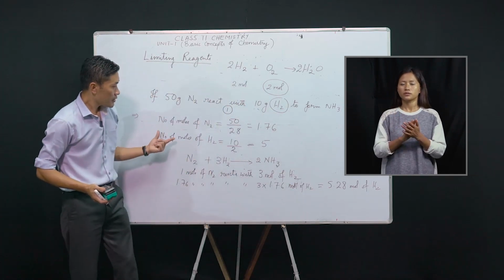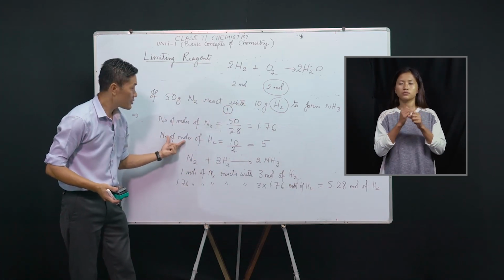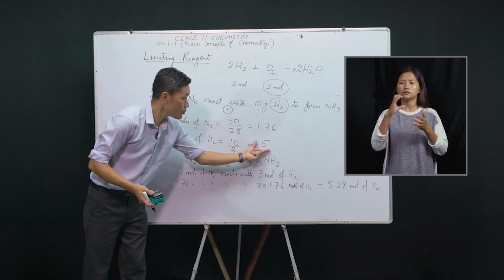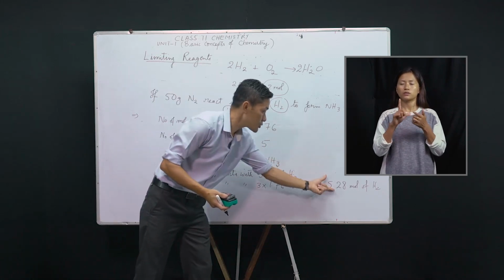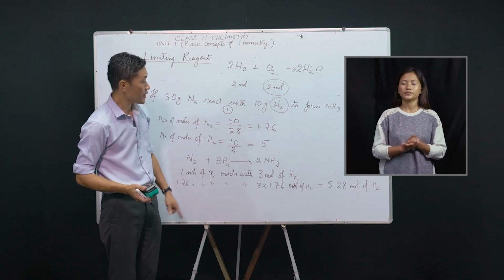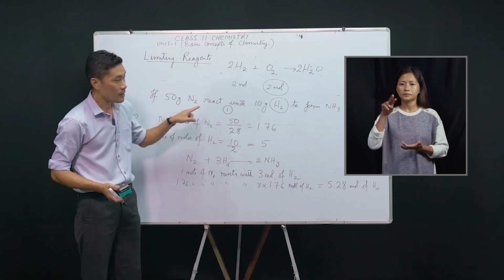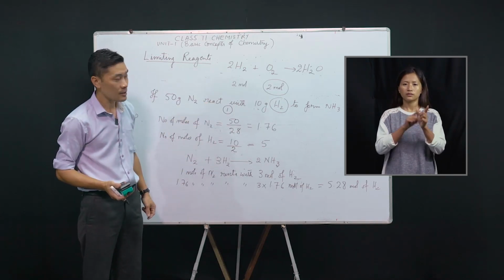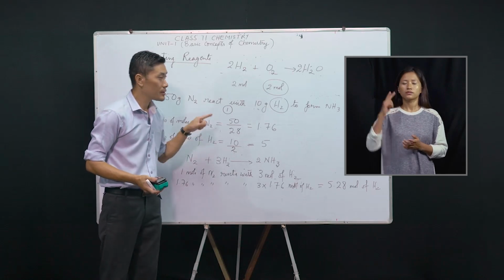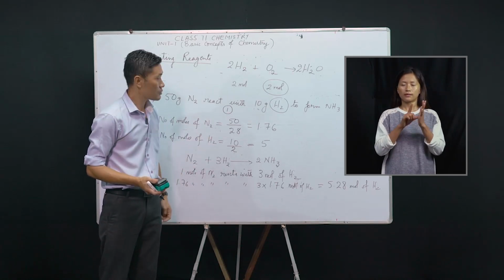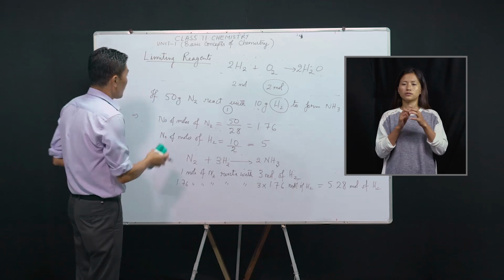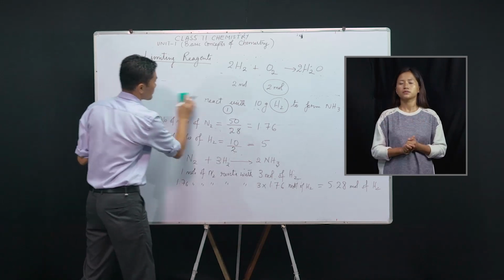However, in our given reaction, we have only 5 moles, not 5.28 moles of hydrogen. That means in this given reaction, hydrogen will be used up first. Therefore, hydrogen will be the limiting reagent in this reaction.